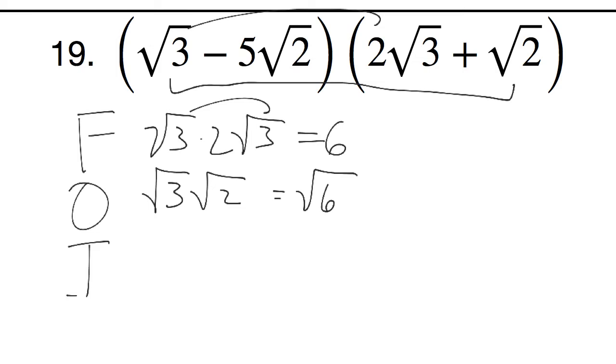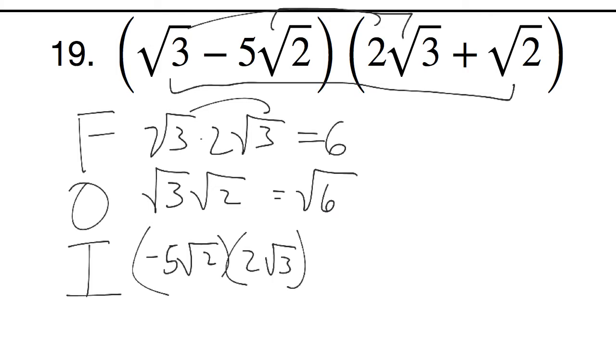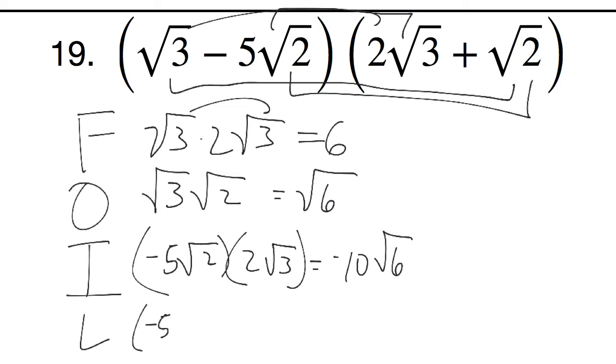Inside terms, you've got these two. That's going to be negative 5 times the square root of 2 times 2 times the square root of 3. Negative 5 times 2 is negative 10. The square root of 2 times the square root of 3 is the square root of 6. Last terms, we've got these two here. That's going to be negative 5 times the square root of 2 times the square root of 2.